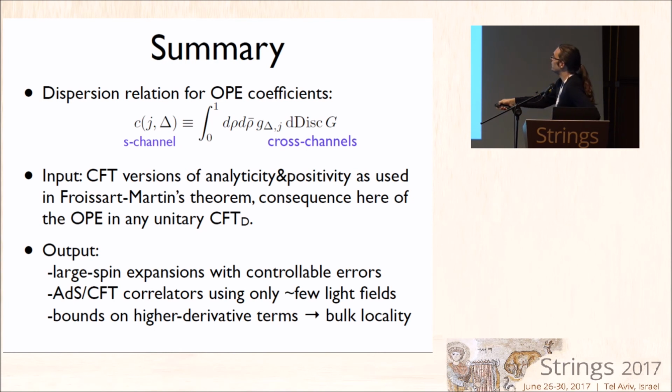And the output is you can do large spin expansions and try to control the errors. You can express AdS/CFT correlators in terms of a few light fields, and you can get bounds on the errors from the contribution of the other ones that parallel what you expect from bulk locality. Thank you.